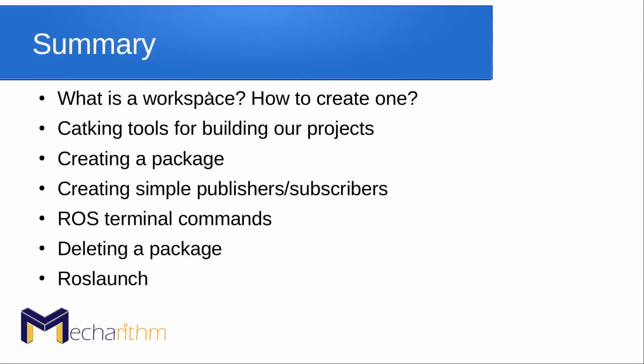So let's have a quick summary of what we did today. We defined a workspace, what it is, and how to create one. We said that it's like the big building in which your projects are contained. Then we used Catkin tools. It's not Catkin, it's Catkin tools, that's a typo. We use Catkin tools for building our projects. These are the tools that we use to build that building in which our projects are contained.